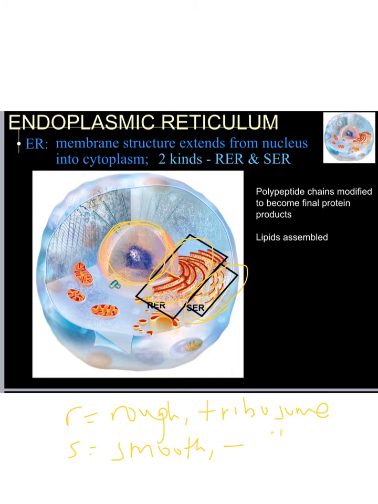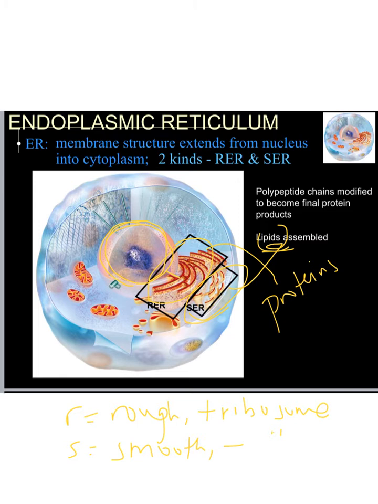Okay, so the smooth endoplasmic reticulum does not have ribosomes attached to it, which is why it looks smooth under the microscope. Now, for our purposes, we're focusing on the RER, or the rough ER, because this is where proteins are made. The smooth ER is where we make lipids. Okay, so lipids are made primarily in the smooth ER, the SER.